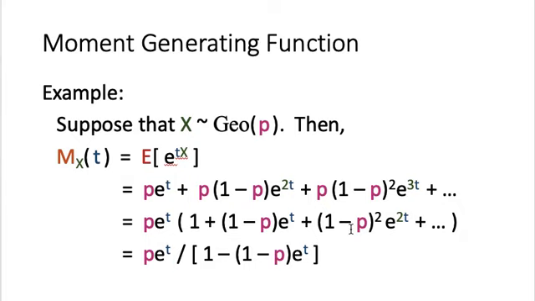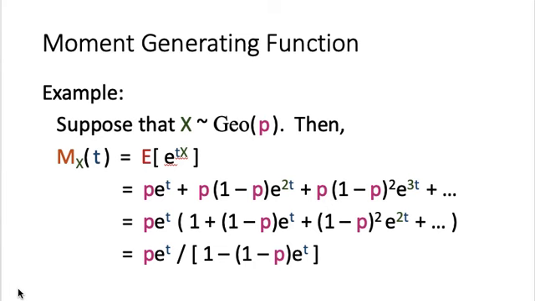And this latter part is an infinite sum, so we can apply our infinite sum formulas that we have studied in lecture 5, so that this is equal to p times e to the power t divided by 1 minus this factor, (1 minus p) e to the power t. So we get the moment generating function.